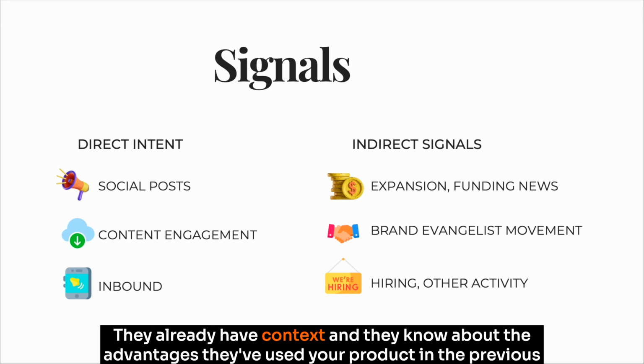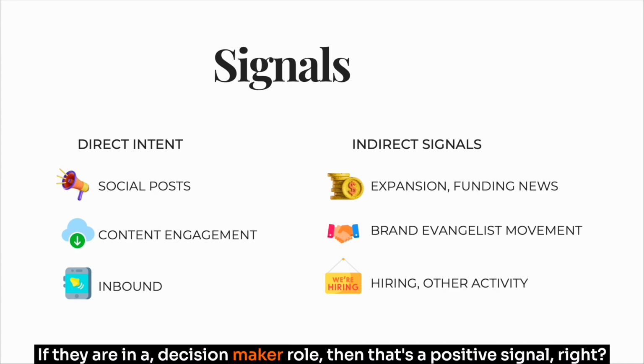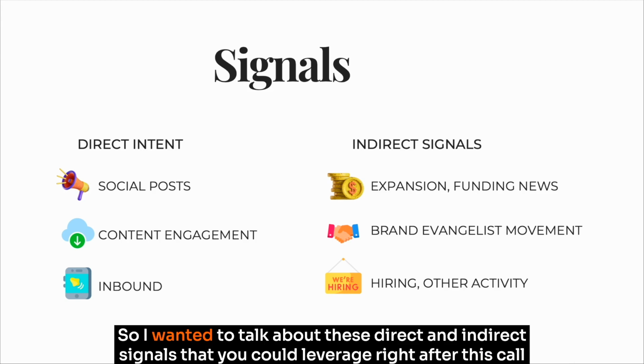They already have context and they know about the advantages. They've used your product in the previous company. And the moment they move to the next, and great if they are in a decision maker role, then that's a positive signal, right?